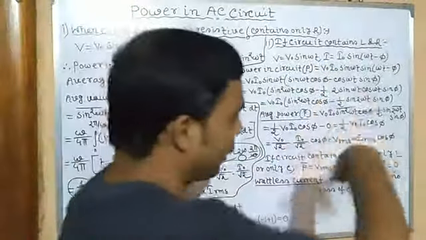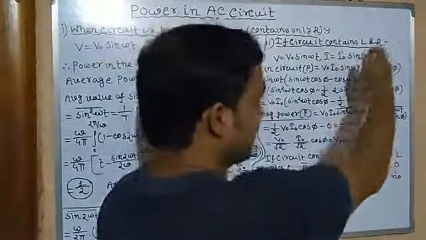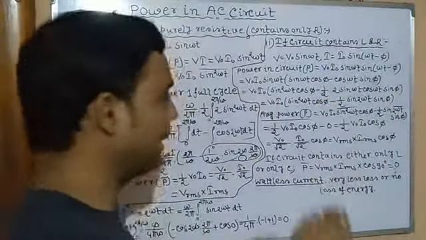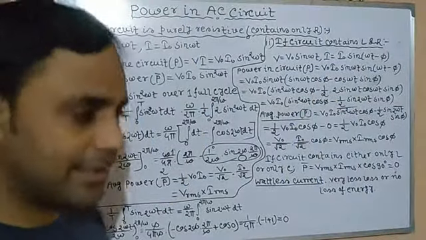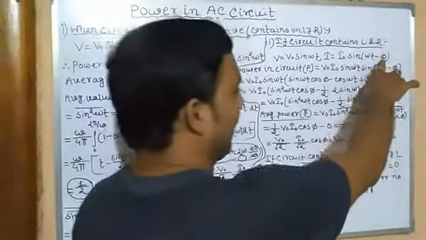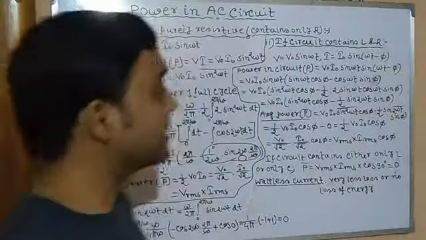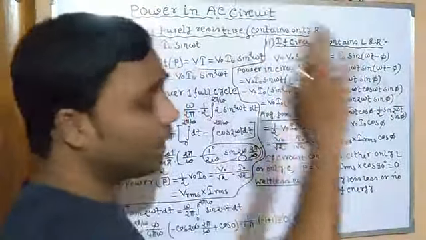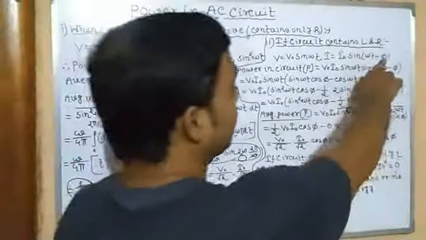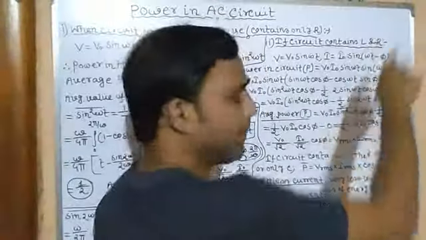But if it contains R also, then there is a phase difference. Since it contains L, current is obviously lagging behind voltage by some angle, minus phi. If it is a purely inductive circuit, then we all know it is minus pi by 2, but here it contains R.